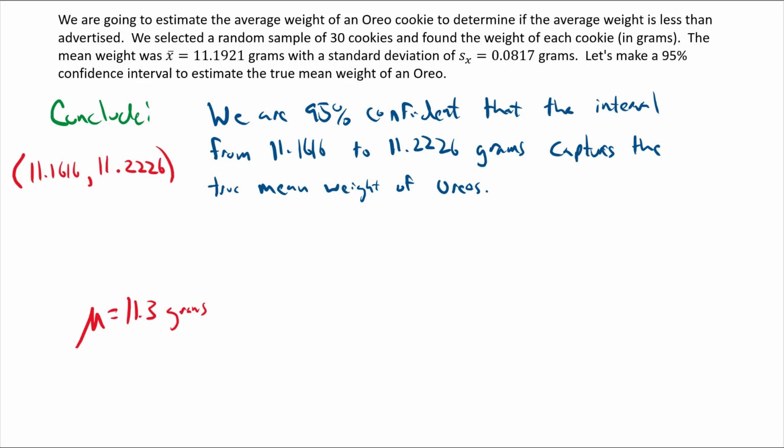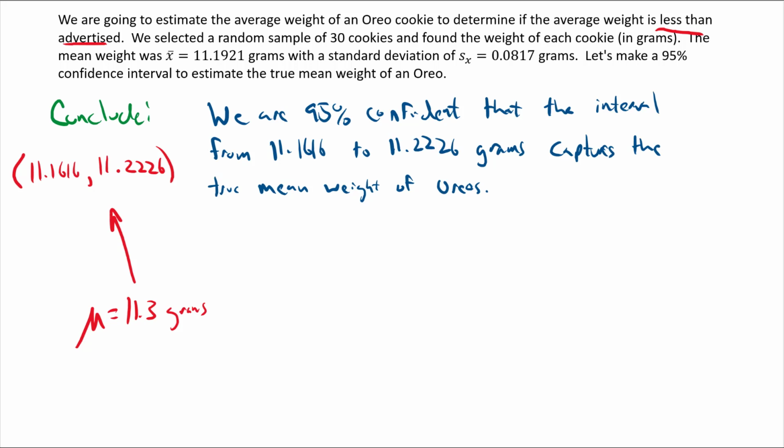This 11.3 grams does not fall in between our 11.16 to 11.22. So therefore, our interval is below this value, which is what we were trying to figure out. Again, we're trying to see if it was less than advertised. And in this case, for what we found out from dealing with our sample of 30 cookies, that is the case.